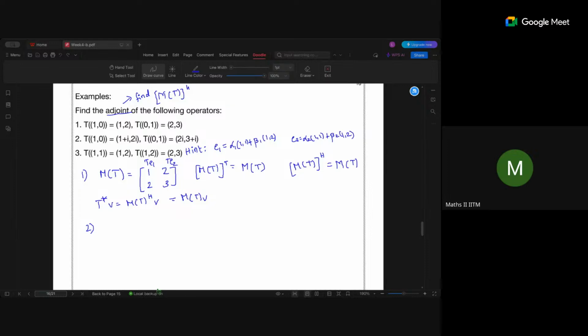So how many of you have completed? Only one hand I see. What about the others? Did you not complete? At least 2 is straightforward. What is the answer for 2?